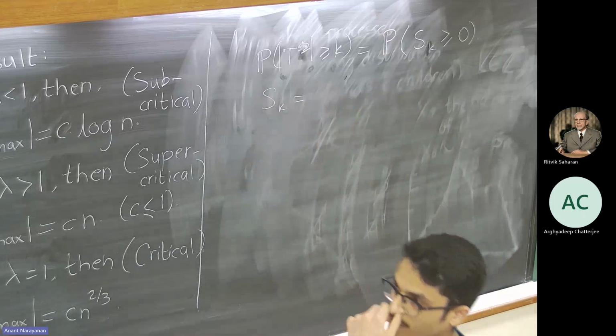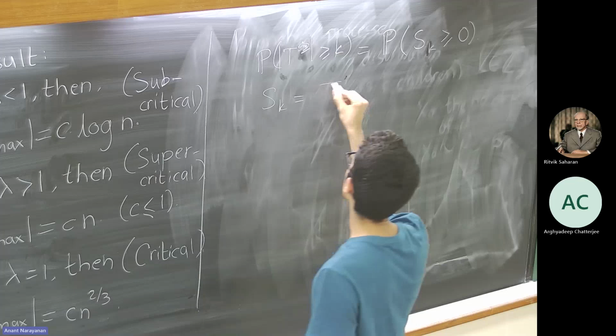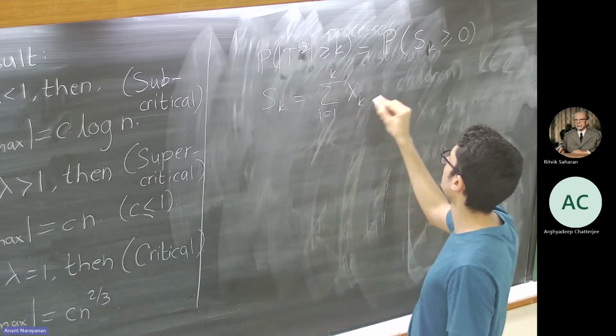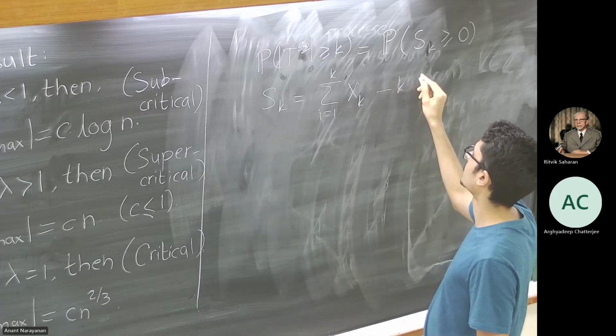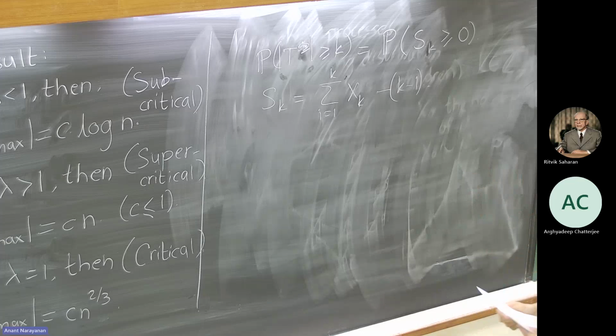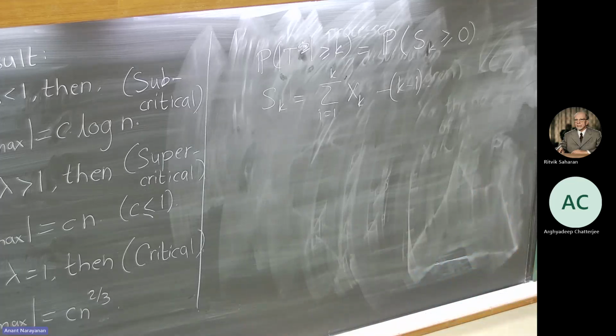Now if you keep iterating the formula for Sn, what you get is the sum over r equals 1 to k. So you keep expanding that formula for Sn.